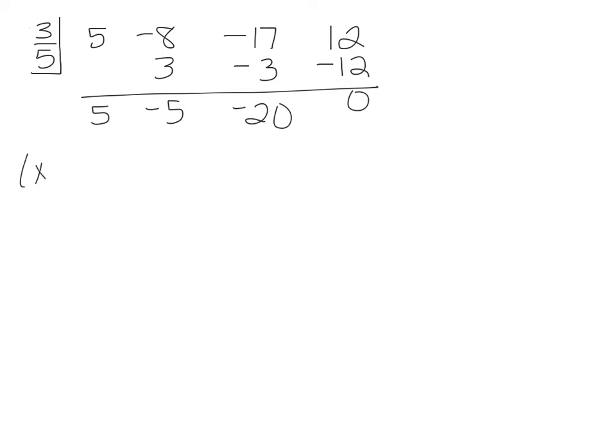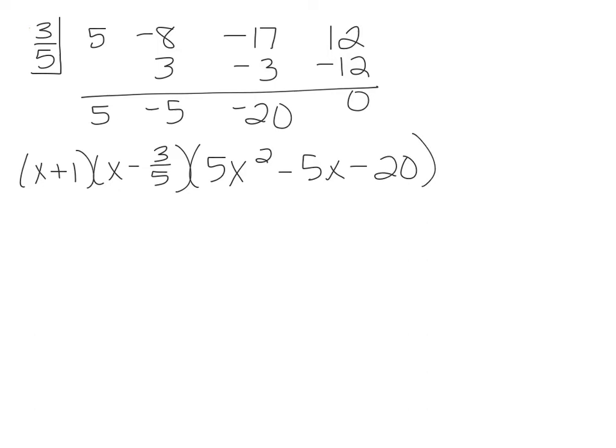So I have x plus 1/2, x minus 3/5, and 5x squared minus 5x minus 20. Okay, glorious.